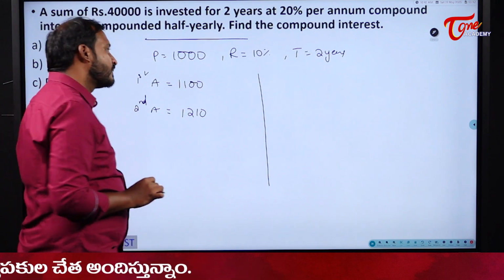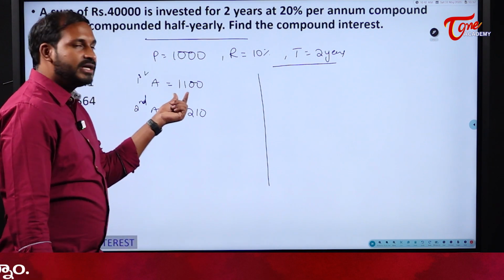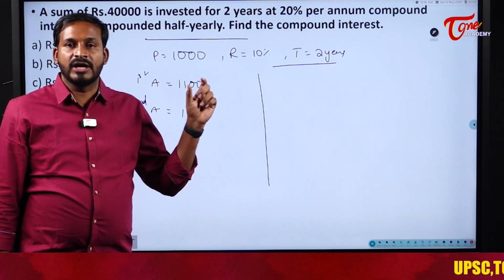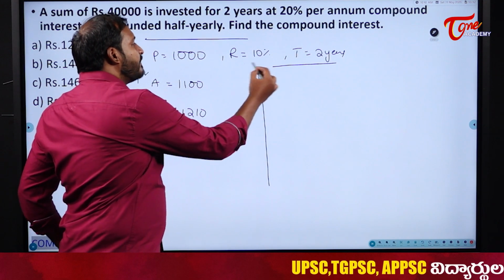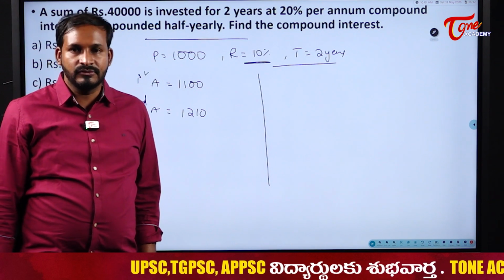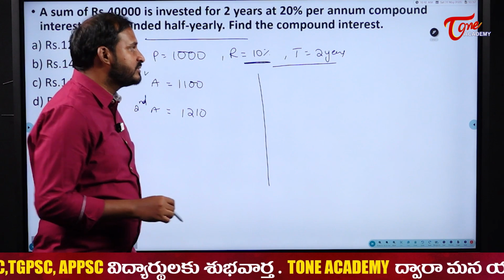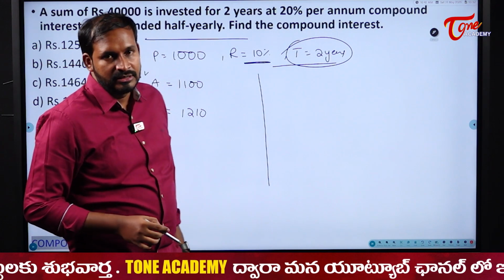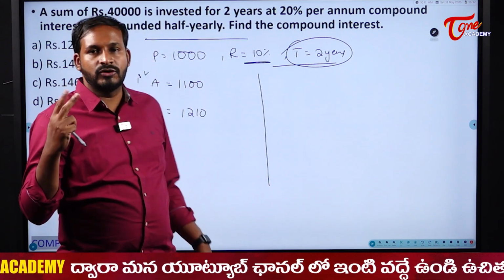Okay, now come to compounded half yearly. Earlier we calculated it for a year, right? Now we should calculate it for half year. If the rate of interest is 10% per year, what happens to it for half year? R by 2. That means my rate of interest should be reduced by half. When it comes to time duration, if I compound it yearly, how many amounts will I get? 2 amounts.